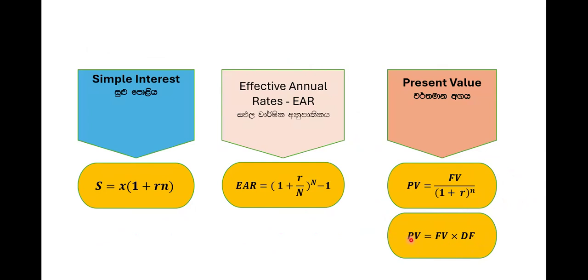PV means present value, FV means future value, DF means discount factor. How to find these factors? In your exam, a table is given. You select the discount factor table or present value table, and using this you can find the values of DF.